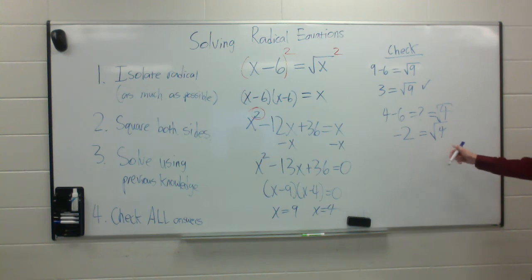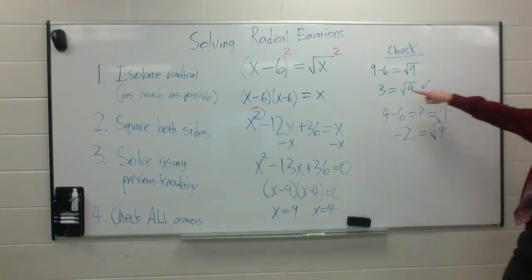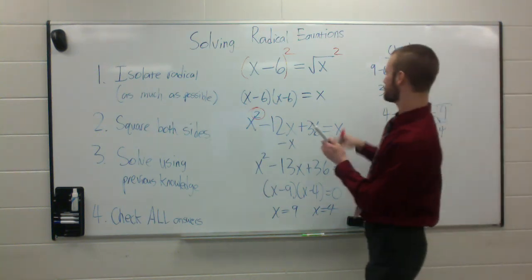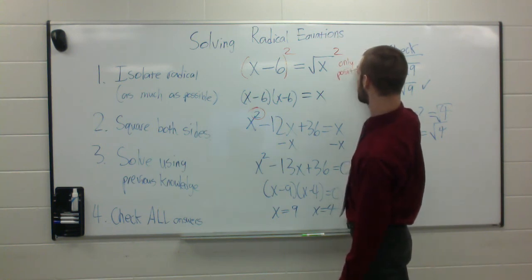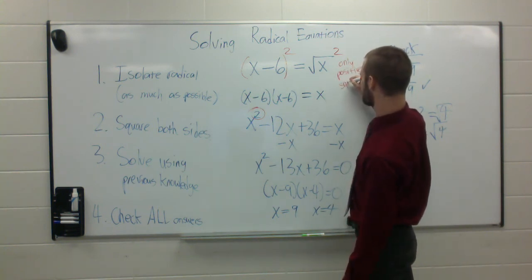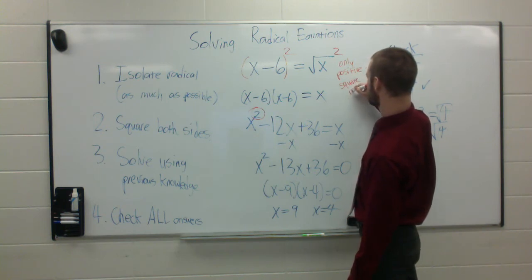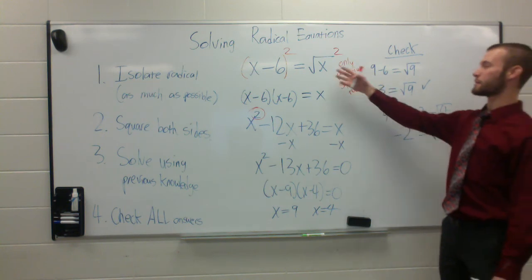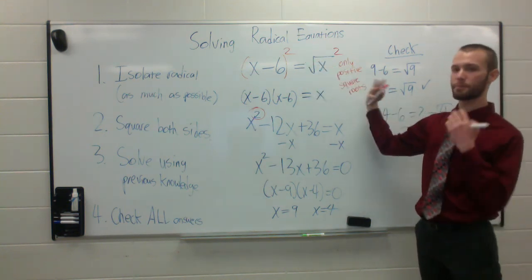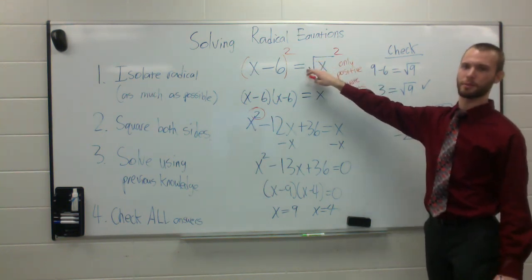And this one ends up not working because, now I know you're thinking 4 does have two square roots, but this equation implies only positive square roots. If we wanted negative square roots, then we would specify that, or if we wanted both, we would specify and it would say plus or minus.